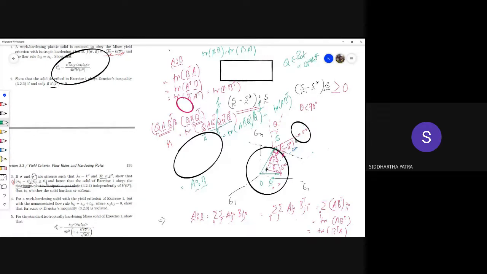So this inner product right here, I can take the example of the principal directions and show that this quantity is greater than zero, irrespective of the choice of your coordinate system. So that proves the first part of the expression, and with the help of that, you can prove the second part.